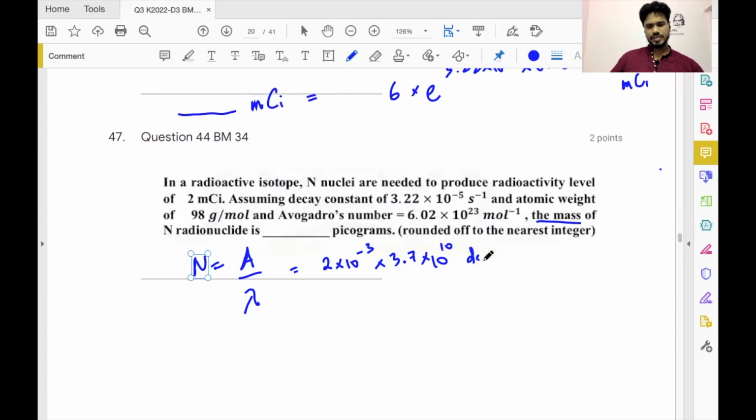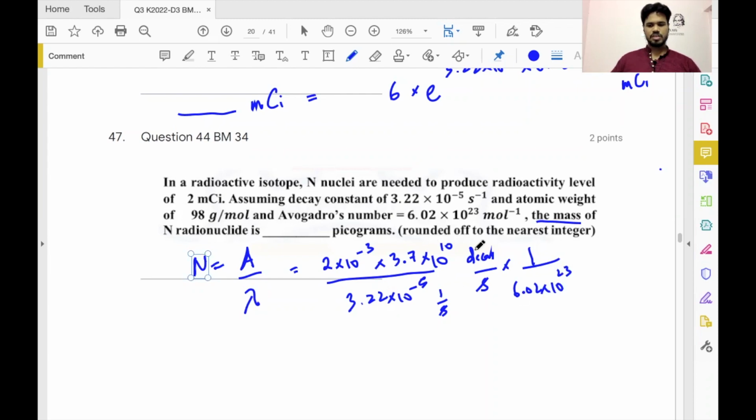If you divide this by 3.22 into 10 power minus 5 per second, the seconds get cancelled. So this many number of particles is what we have. The number of moles will be 1 over the Avogadro number, 6.023 into 10 power 23.